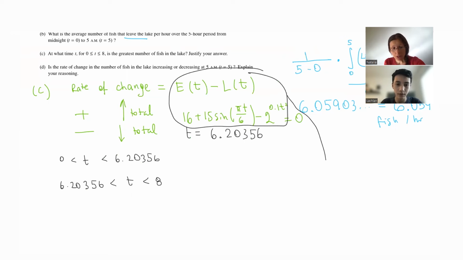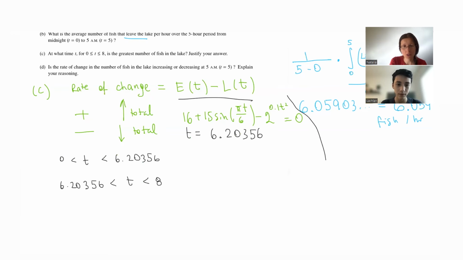So we know that the rate of change is positive on this whole interval, as you explained. Otherwise, we would have had another 0. This function is continuous, cannot jump from being positive to being negative without crossing a 0. So here it's positive. Total is increasing.